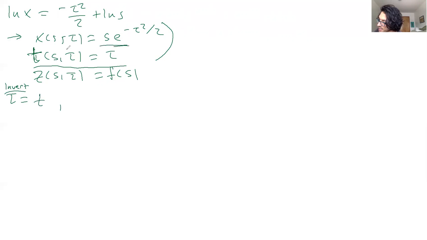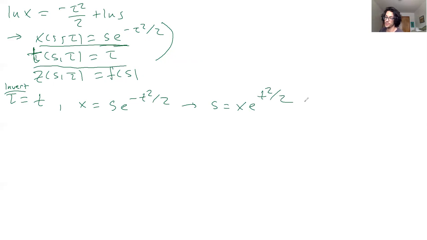If I plug that in up here, I can invert that to get x. So I get x is equal to s e to the minus t squared over 2, okay? So now I just need s in terms of x and t, which I can do just by writing s is equal to x times e to the t squared over 2, okay?